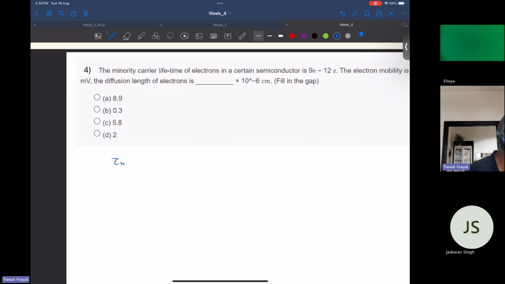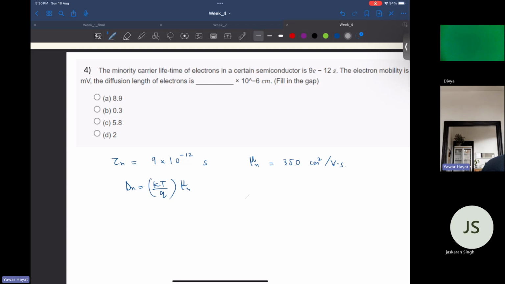The minority carrier lifetime for electrons would be 9 into 10 to the power minus 12 seconds, right? 9 picoseconds. What is your mu n? Your mu n is 350 centimeter square per volt second, right? What is your Dn? Your Dn is kT over q times mu n, right?